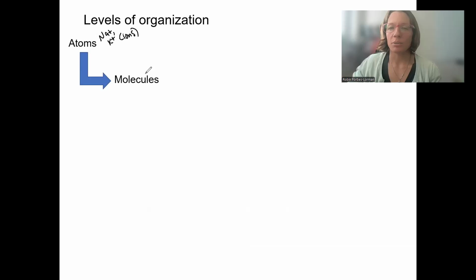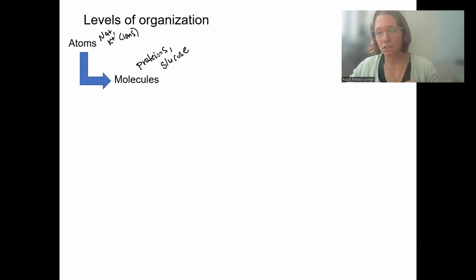So molecules, you had a review on biomolecules. So proteins, sugars like glucose. Proteins have many examples we've seen already. We'll see tons more. Lipids, all kinds of molecules that come together, or just NaCl is a molecule, sodium chloride.